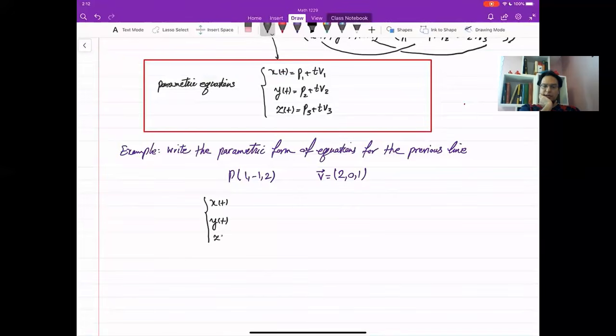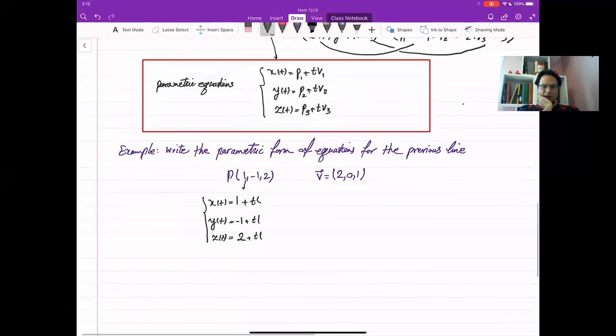The first component is going to be the first component of the point, 1. I will put the components of P first, then add to that t times the components of the parallel vector. The first component goes to the equation for x, so 2. The second component goes to the equation of y, and the third component goes to the equation of z.